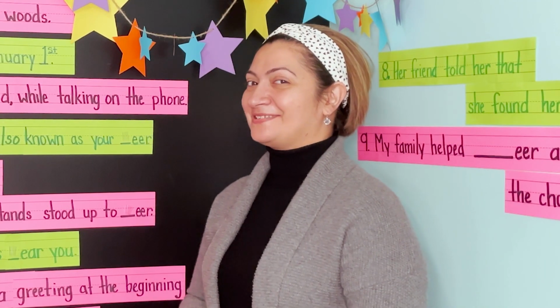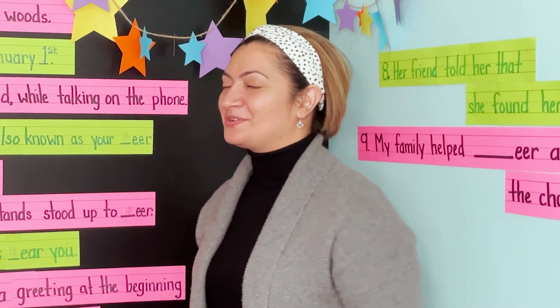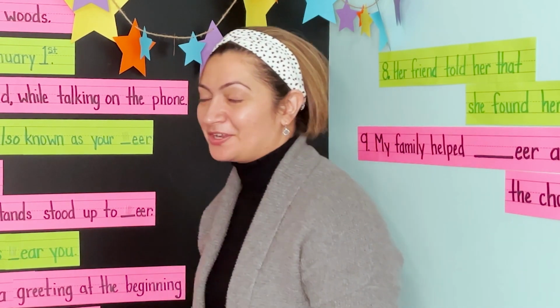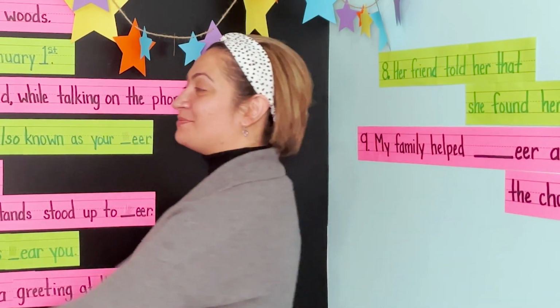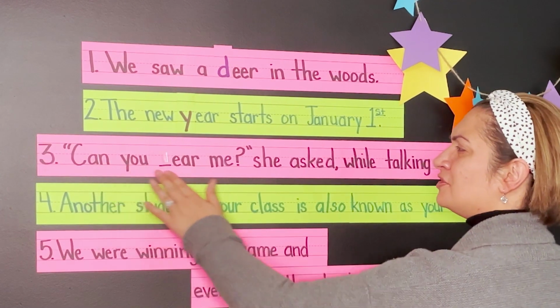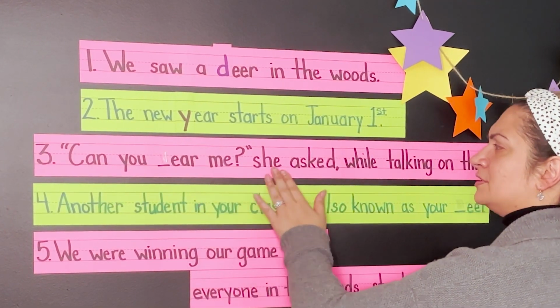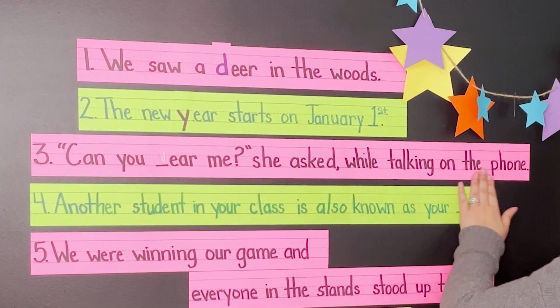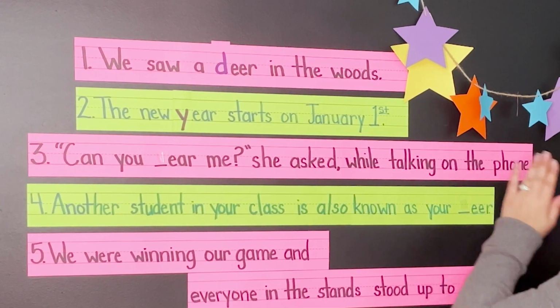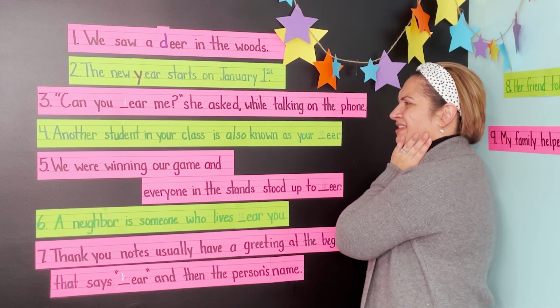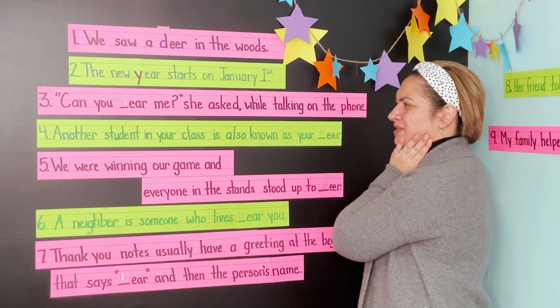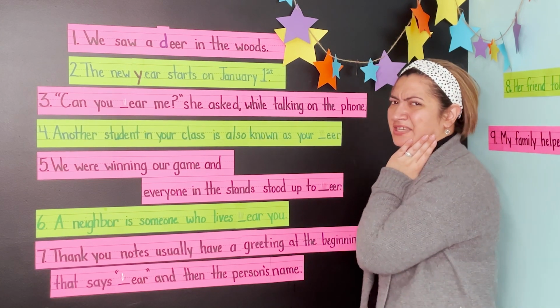All right, I think you get the hang of it. Let's see if you can come up with the next word on your own. Are you ready? All right, read along with me. Can you, me? She asked while talking on the phone. Can you, me? Has the ear sound in it.